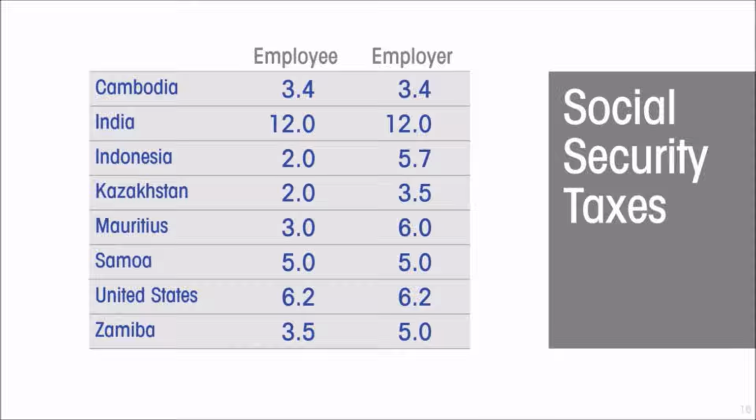And here we see a range of countries that I picked randomly from what I found. A lot of effort goes into making sure that both employees and employers split the tax. And as we can see from the data, the sentiment is often enough that employees should pay a smaller share.